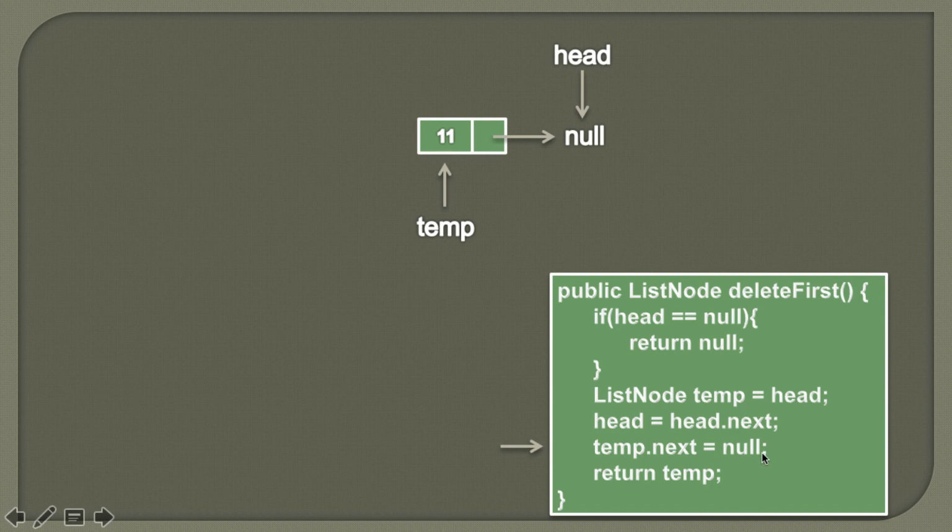We simply assign null to temp dot next to break this linkage, but as it is already pointing to null, it would look something like this. And we can return this temporary node because we have deleted it completely. Now our singly linked list has no elements and head is pointing to null.